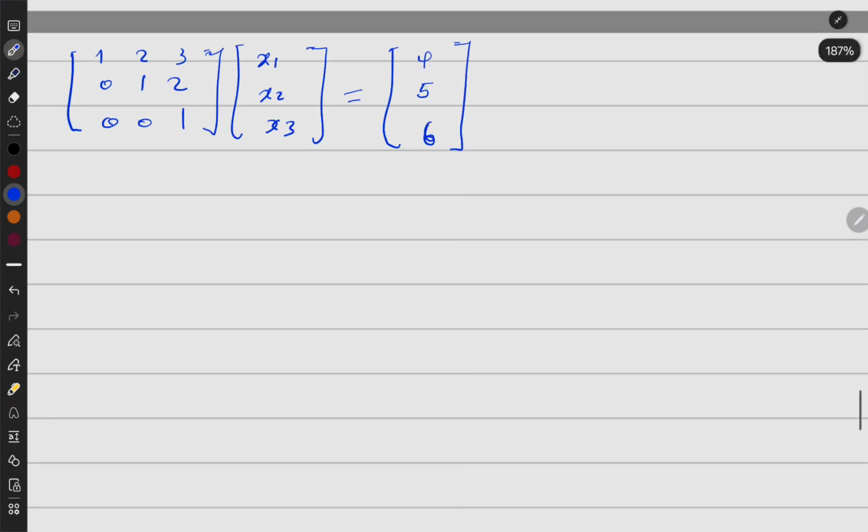If you try to solve this, what values do you get? Now there are various methods, so you try to find x1, x2, x3 using the algorithm that we have just defined.